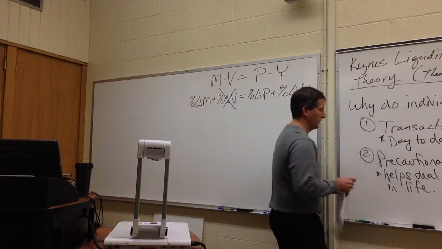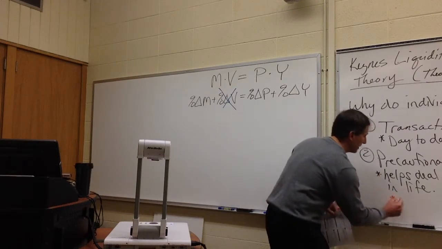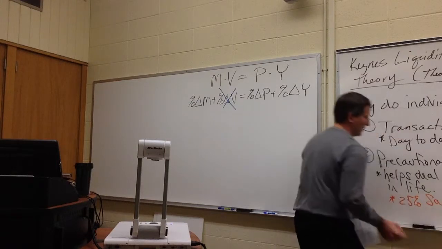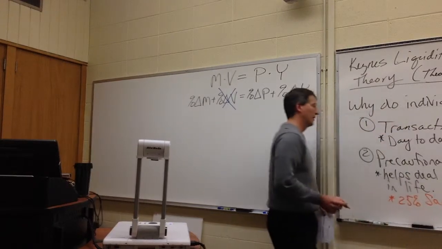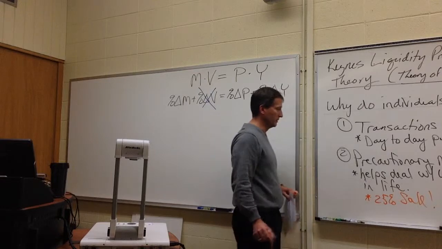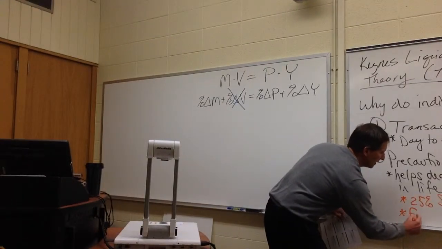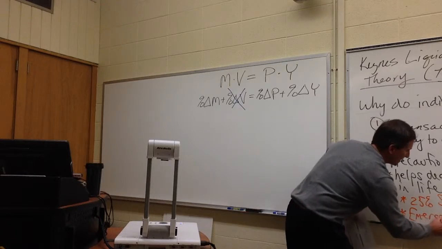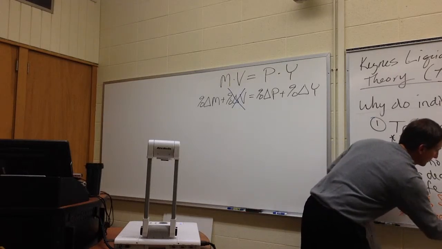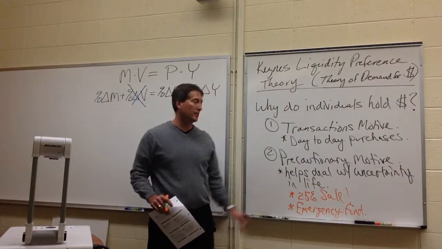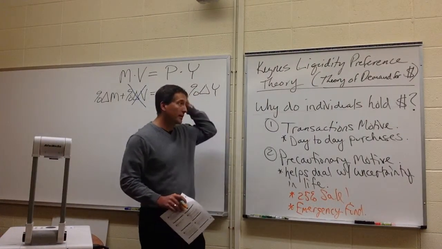One thing might be a 25% sale; all of a sudden you stumble in the store, oh, we should buy that. Another thing might be a little more Dave Ramsey-ish, like the emergency fund: just having funds tucked away just in case something happens. A good idea to do.